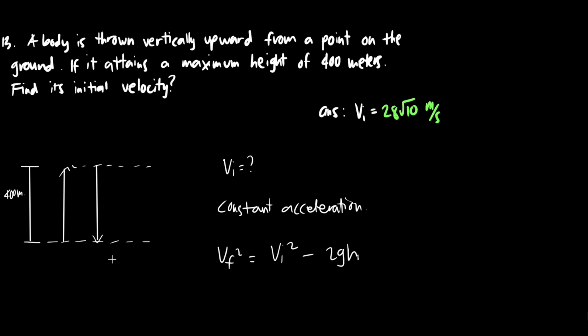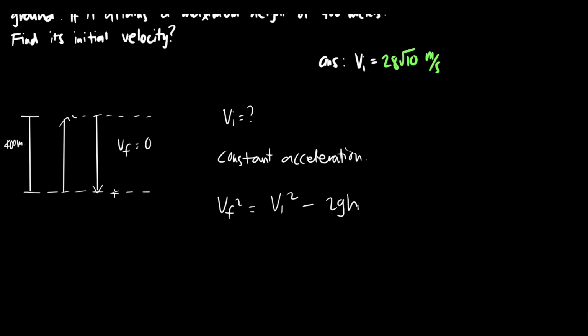What is our final velocity here? If the object attains a maximum height of 400 meters, it will surely fall down right back to the earth, so its final velocity will be 0, right? So our v final is just equal to 0, and our v initial is what we are trying to find. Our unit here is meters, so g is 9.81 meters per second squared.